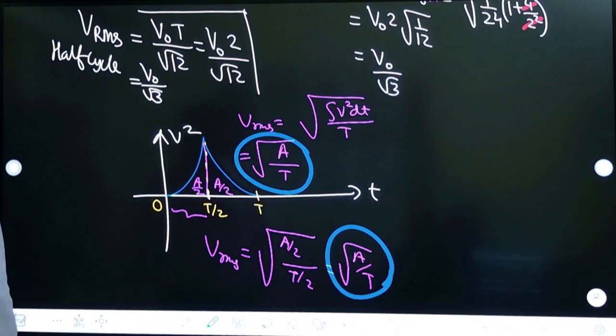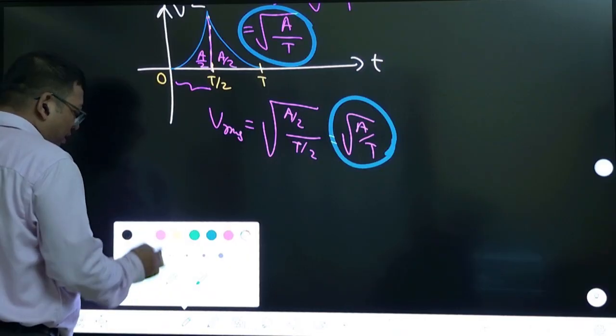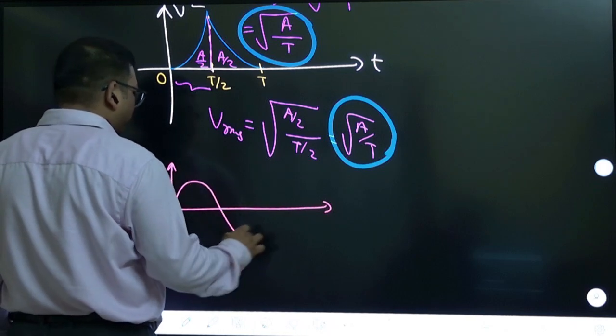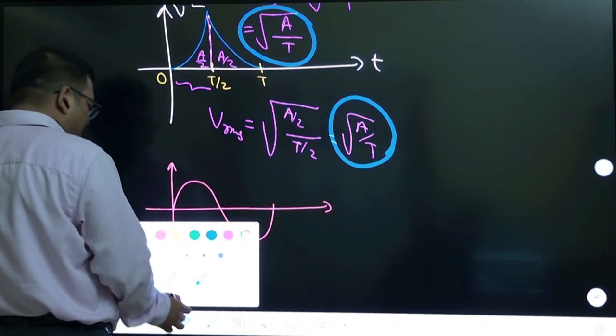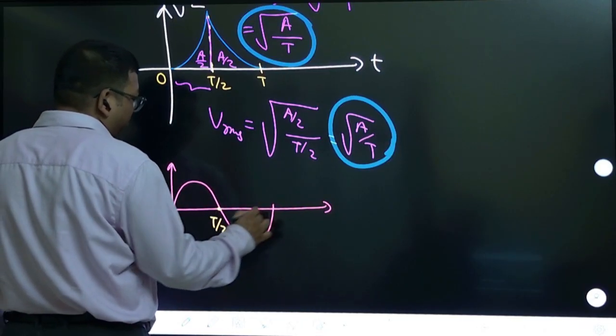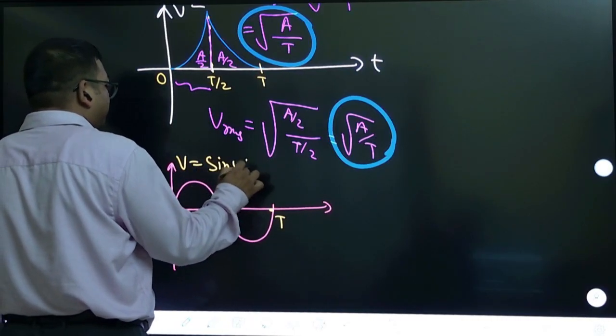Now I will give you the sine graph also. Suppose this is the sine graph. We have done the RMS calculation for the sine graph, V is equal to V naught sine omega t.